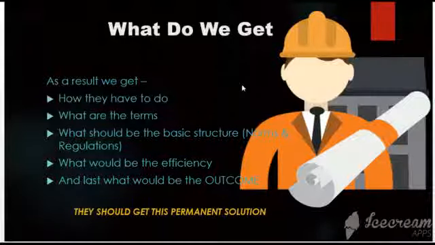That means we should use our resources without compromising the needs of the future generation. And fifth and last would be the outcome, that is the fully completed work or job we wished to be completed. So that's our conclusion.